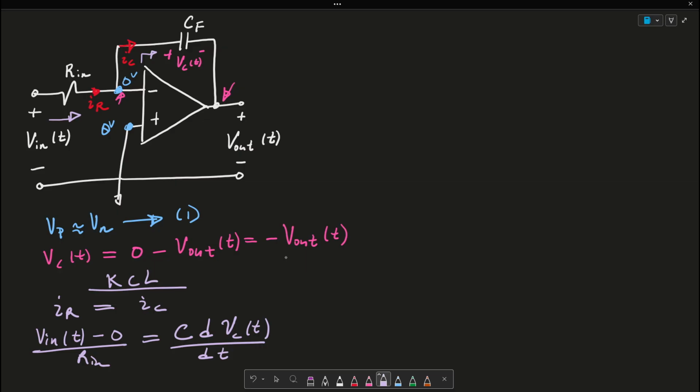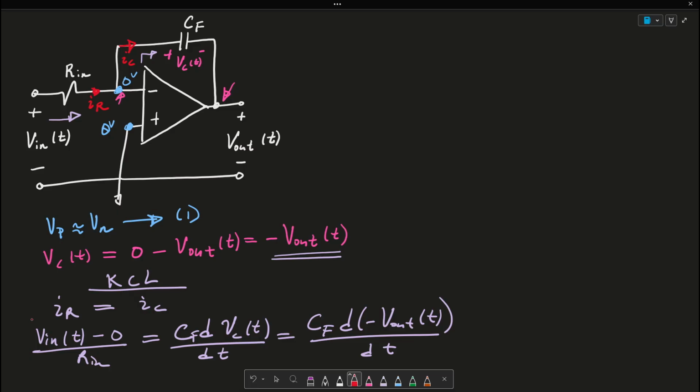But we know that VC of t is simply negative V out of t. There should be an F here. So then this is equated to CF d minus V out of t over dt.